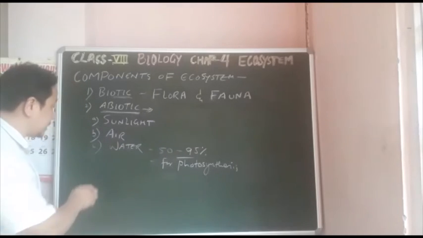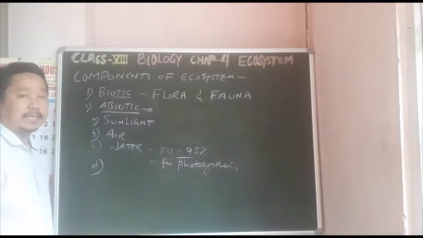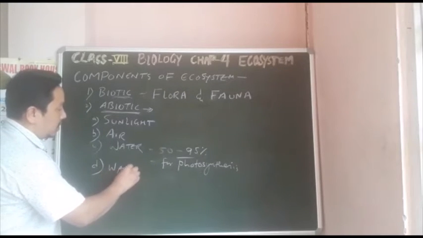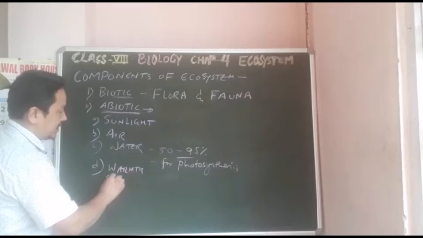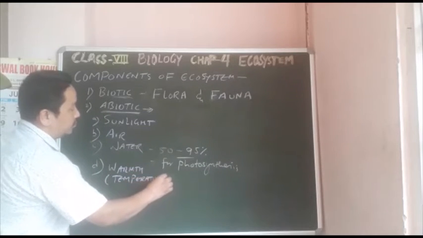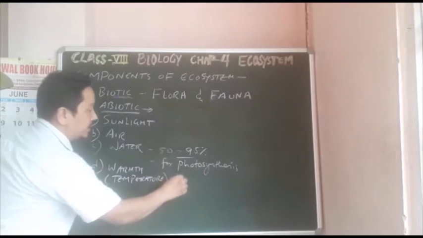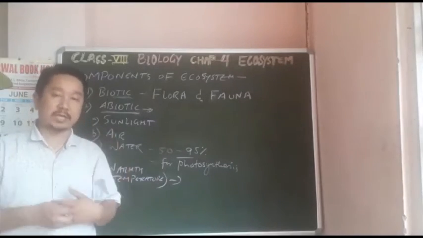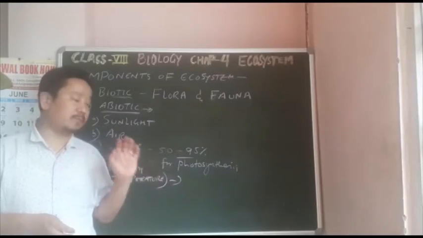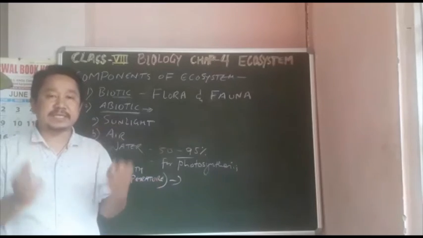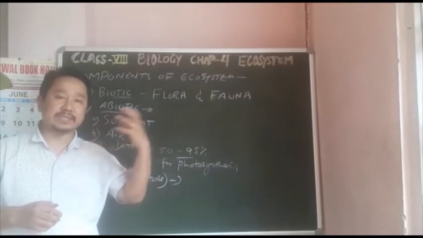Okay, so next is D, which is warmth. What is that? Warmth or temperature, which is another important factor of any ecosystem. Just imagine, in our body, and also in the body of plants, many metabolic activities take place.